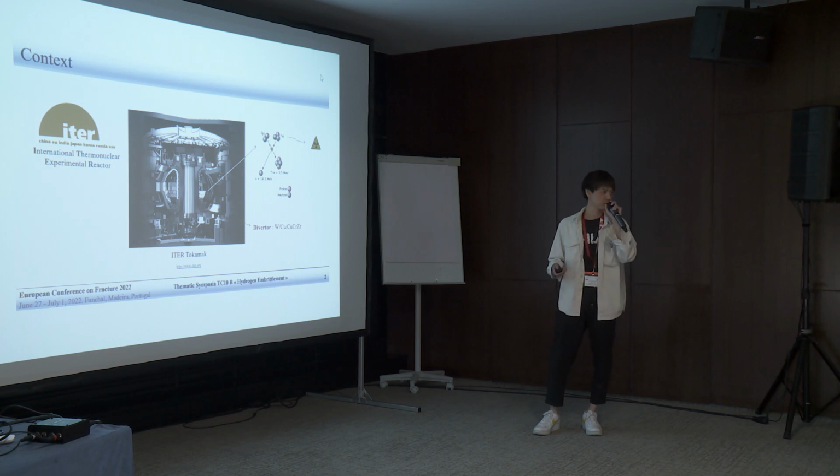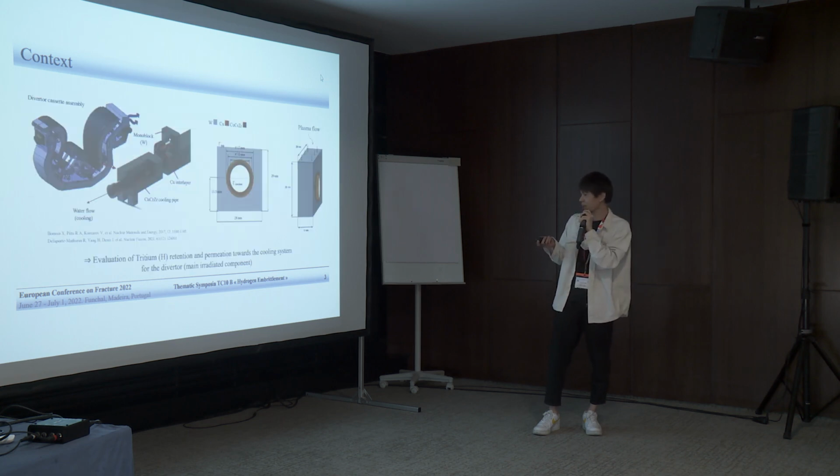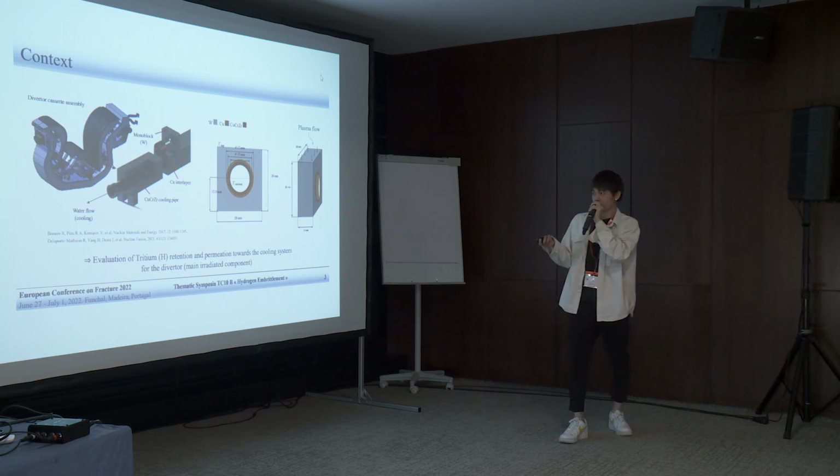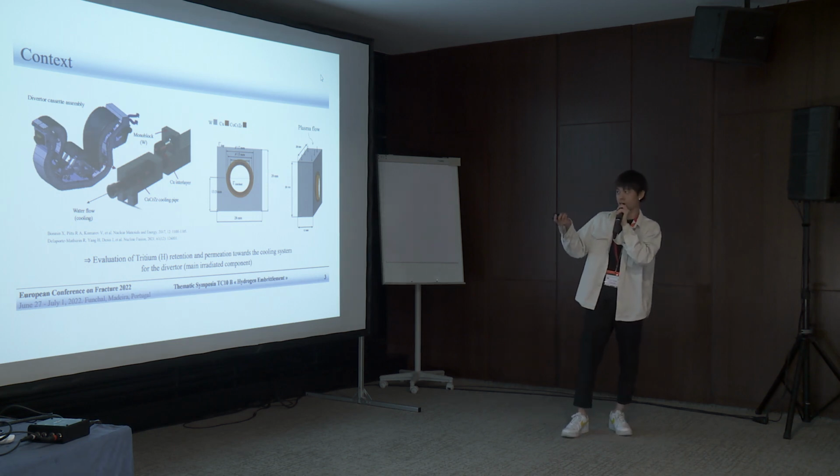In our present work, we focus on the divertor, which is a main plasma facing component. The divertor consists of monoblocks, and each monoblock is constituted of tungsten, a copper interlayer, and a copper chromium zirconium cooling pipe with a water flow inside.